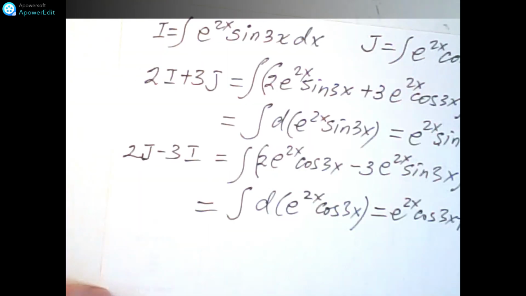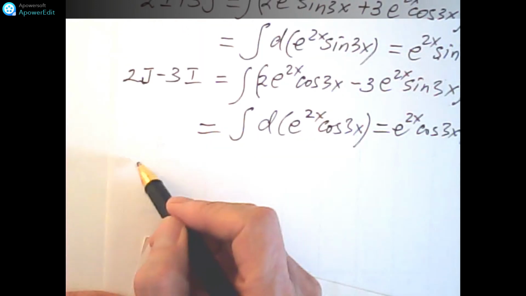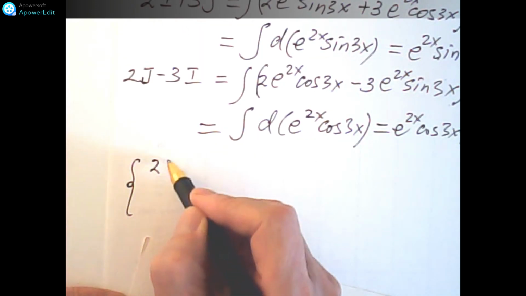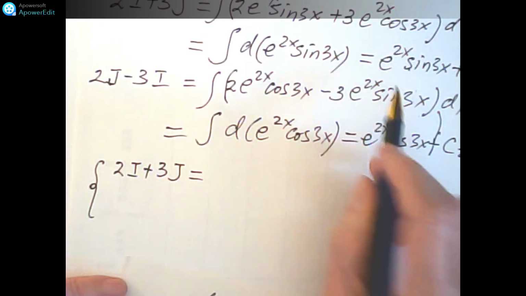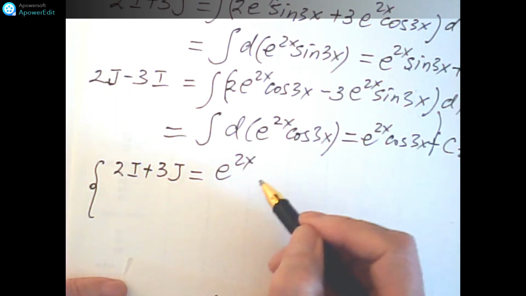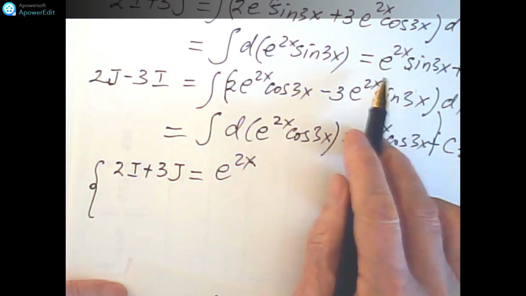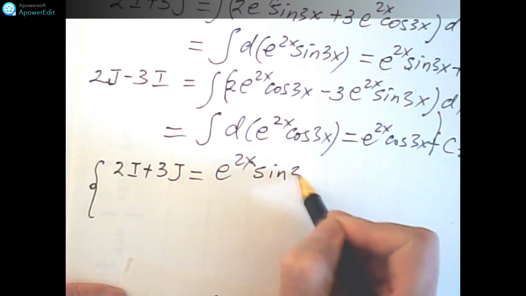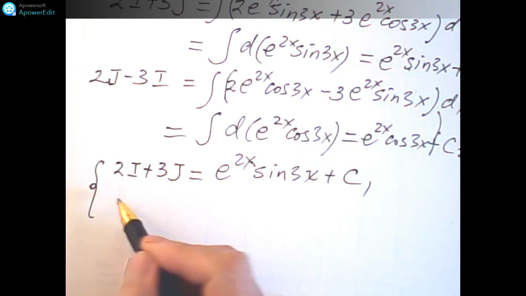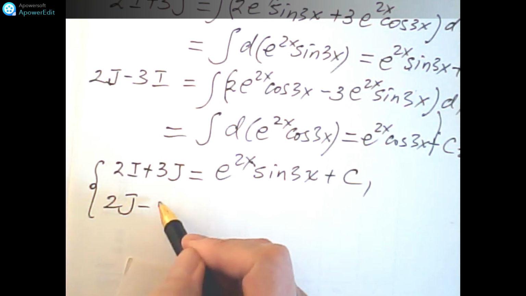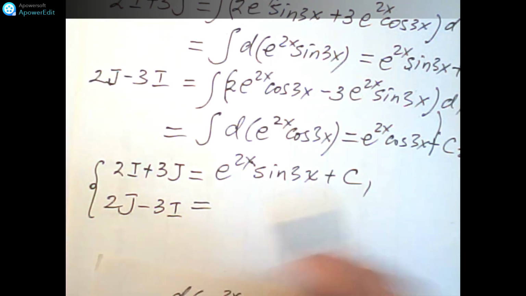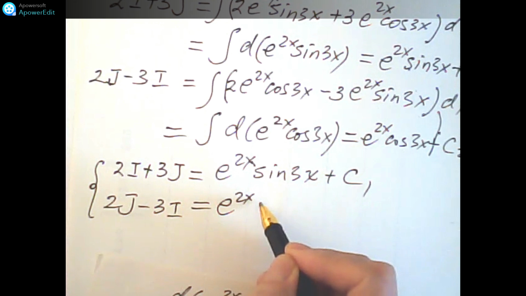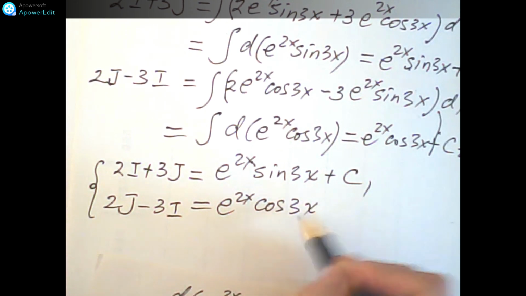Yeah, good. So now I have a simultaneous equation: 2I plus 3J is equal to e to the 2x sine 3x plus c1, and 2J minus 3I is equal to e to the 2x cosine 3x plus c2, yeah.